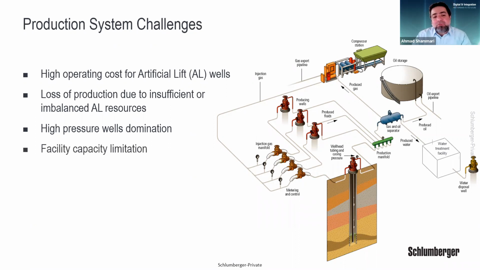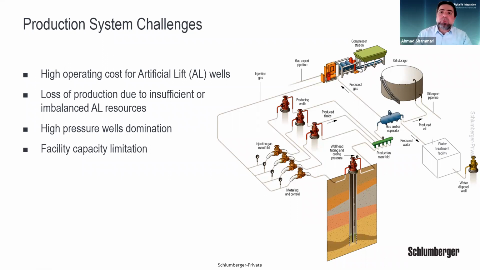We have also the challenge of facilities capacity. For example, each separator at one day can handle a certain amount of water, a certain amount of gas, right? I cannot separate more. And that's why I need to control my production in a way that I don't reach my separator capacity.